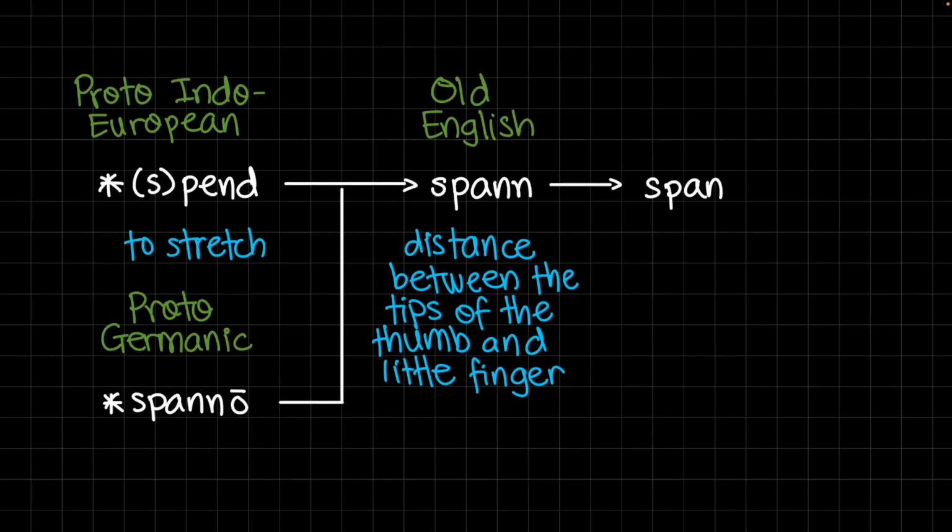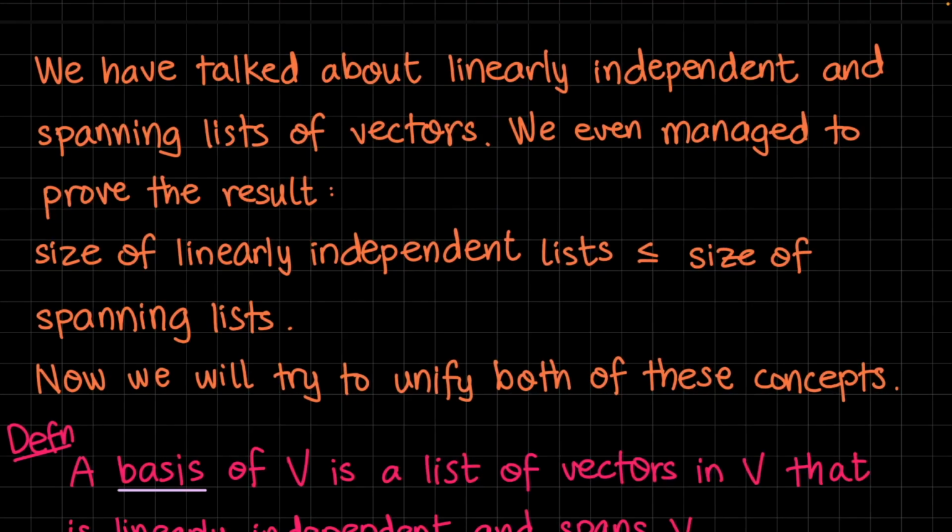Now let's actually get started. So far we've talked about linearly independent and spanning lists of vectors. We started with talking of linear combinations, then spans and linear independence. And this was all working with a finite size list of vectors.